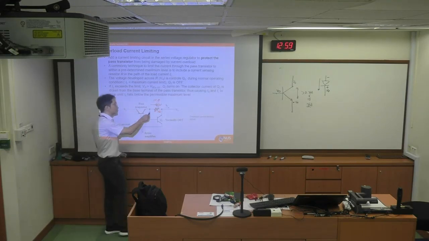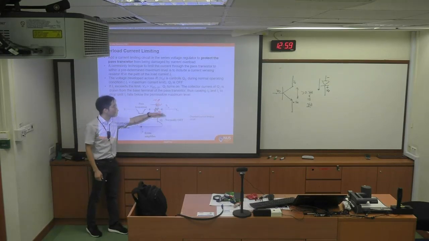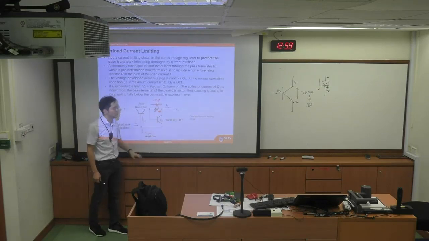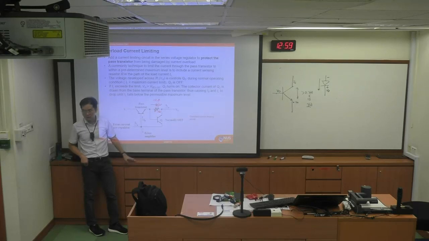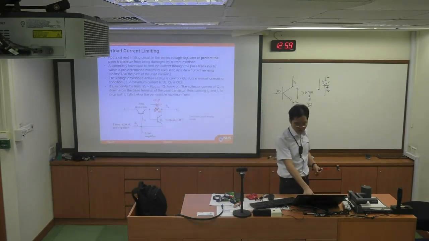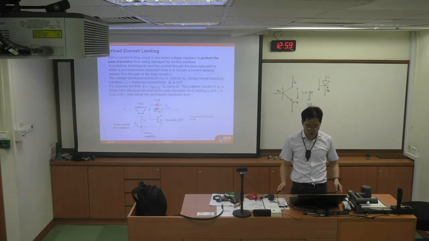Because above a certain level, the pass transistor will trigger the Q2 operation, and when the Q2 is on, then no more base current is flowing through the pass transistor, but rather some of it will be flowing through the load directly. So then there's a certain level of how much current will be flowing, and that's why it's called the current limiting or overload current limiting circuit. And this is very, very important to avoid damage in Q1.